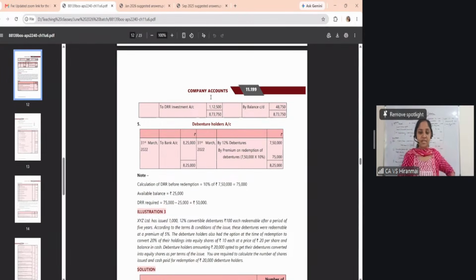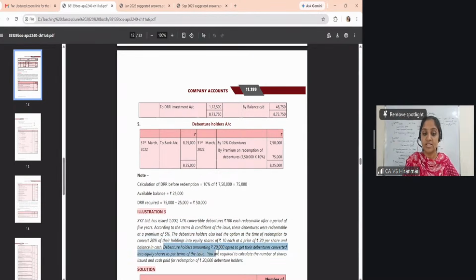Okay. So now see, XYZ Limited has issued 12% convertible debentures of rupees 100 each, which is redeemable after a period of 5 years. According to the terms and conditions, these debentures are redeemable at 5% premium. Now, the debenture holders also had the option to convert 20% of their holdings into equity shares of rupees 10 each at a price of 20 per share and the balance in cash.